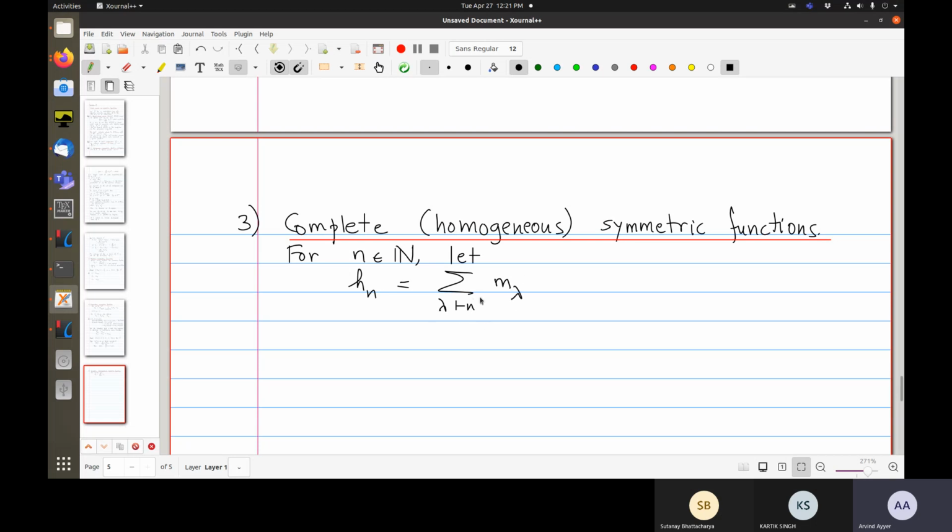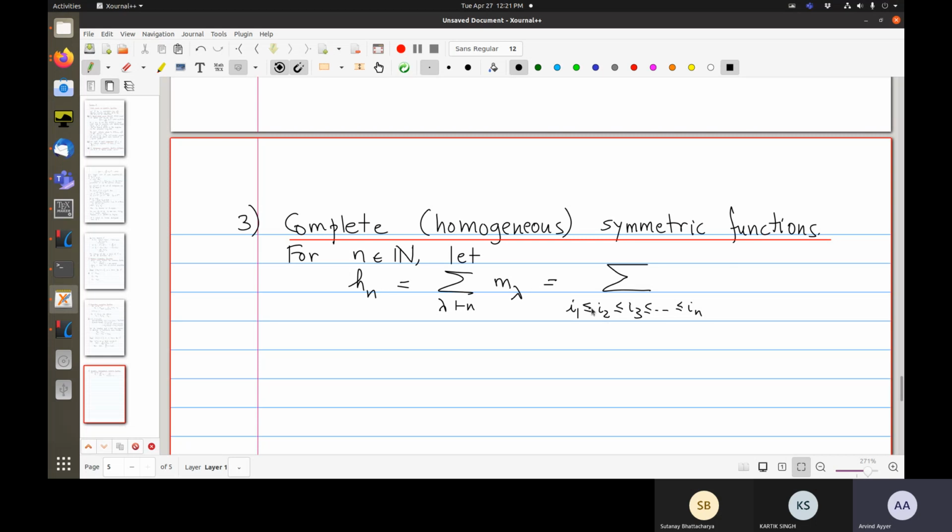So you take all possible guys and you take their sum. Expressed in another way, which resembles how we wrote it for the elementary symmetric functions, this is the sum over i1 less than or equal to i2 less than or equal to i3 less than or equal to in.